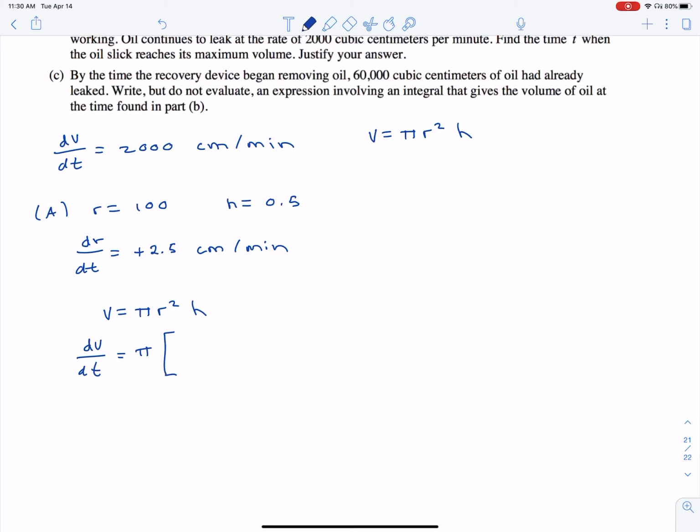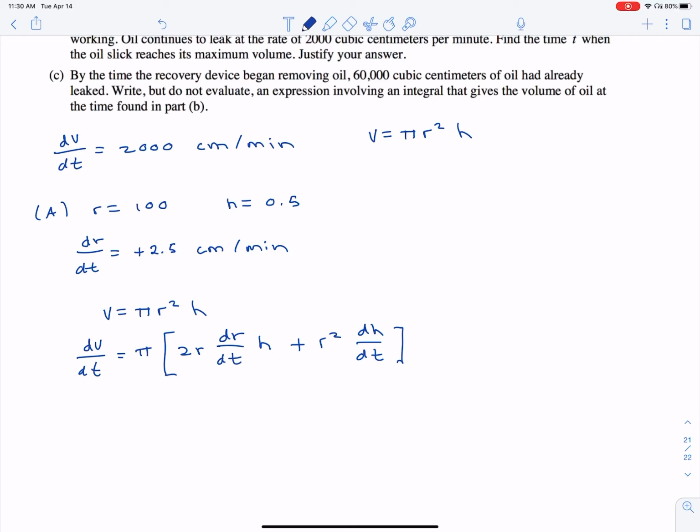Now that's a product rule. I take the derivative of r squared, which is 2r dr/dt, again because I'm doing this with respect to time, and multiply it by h. Then to that, I add the derivative of h, which is dh/dt, times r squared.